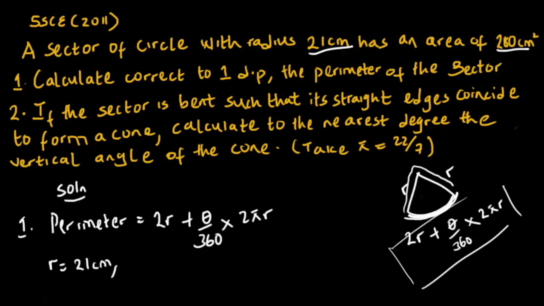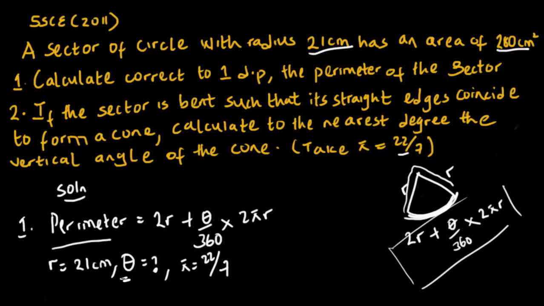We don't know theta, and we know pi; take pi equals 22 over 7. To find the perimeter of the sector, we need to know theta. If we don't know theta, there's no way we can find the perimeter of this sector.